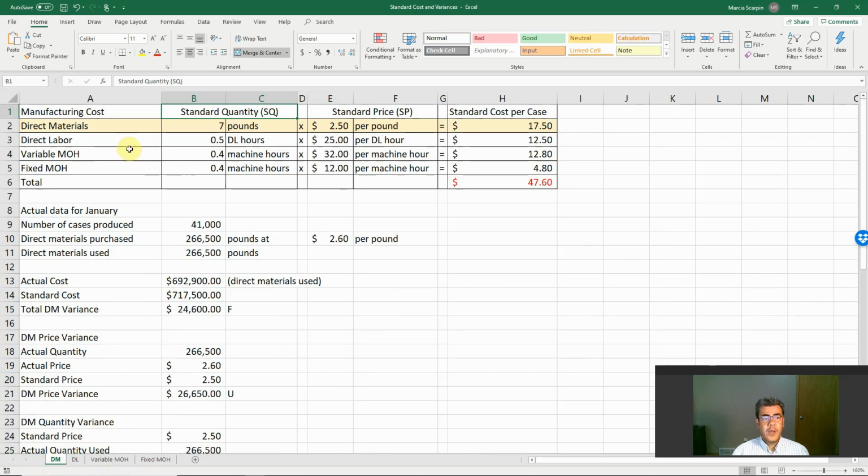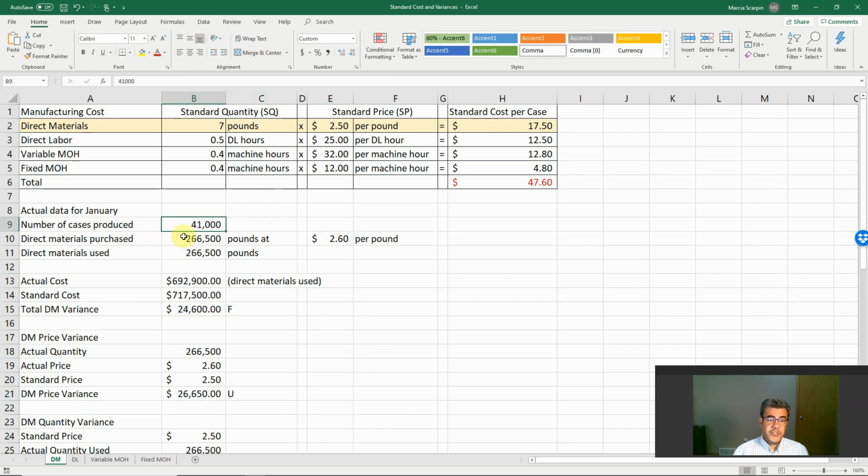So let's consider here only direct materials. 7 pounds, 2.5 per pound. So our standard cost is 17.5. These are our actual numbers for January. Number of cases produced, 41,000.